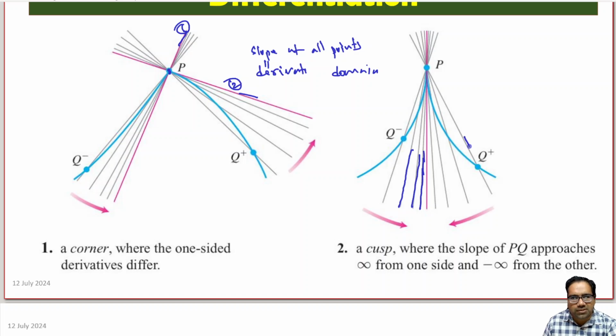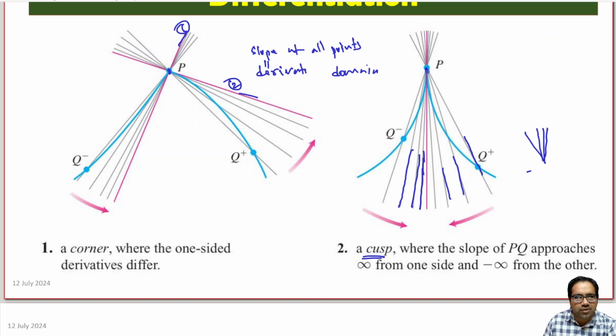Whereas this slope is negative, this is more negative, this is even more negative, and this is approaching infinity from the negative side. So from one side you are approaching plus infinity, from another side minus infinity. We call this a cusp.